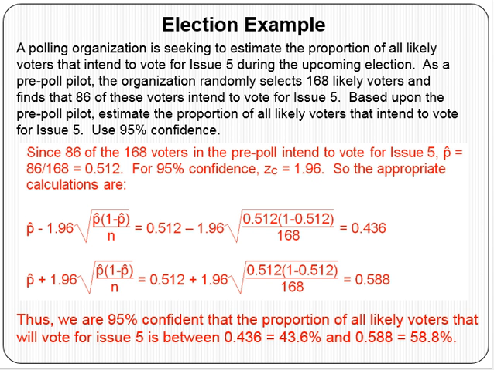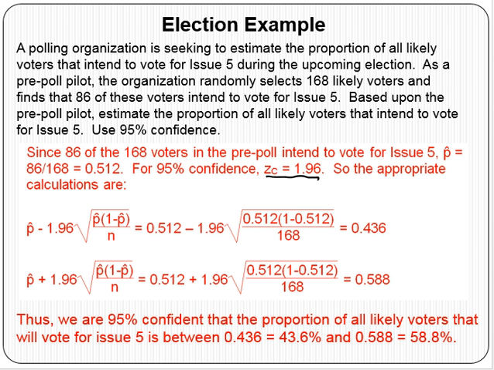What we determined was that the sample proportion, p hat, is 86 out of 168, or 0.512. And for 95% confidence, the Z confidence value is 1.96.